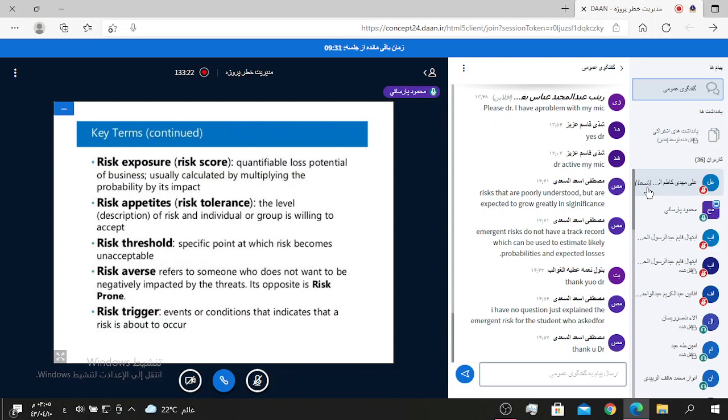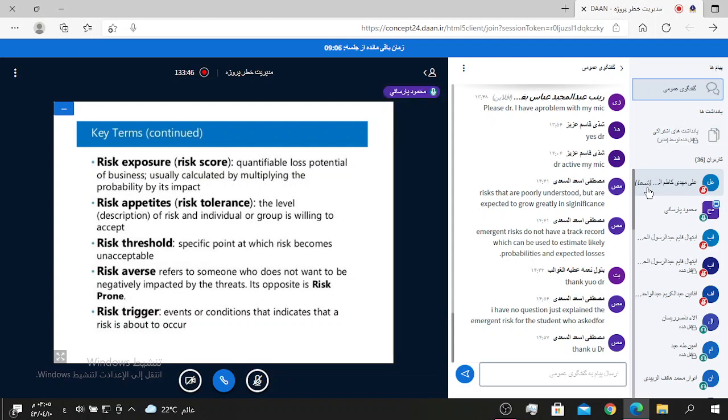Risk exposure is the quantifiable loss potential of business, usually calculated by multiplying the probability of that risk by its impact, or its effect on the objective of that project.